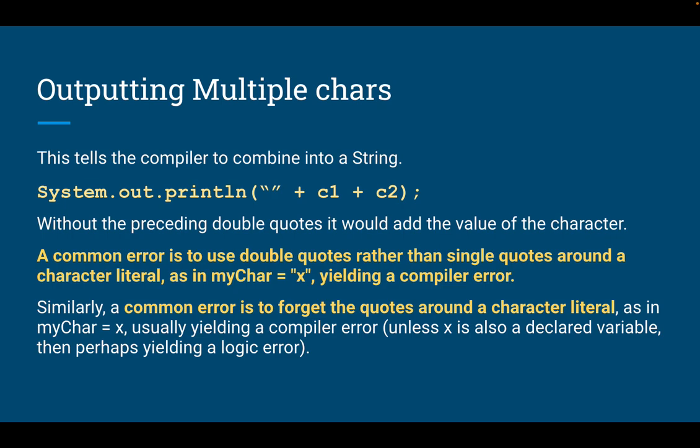So the way you get around that is with parentheses just around those characters. So it forces that addition first and then it will print. Okay? You guys understand? Some of you're like, I don't know, Mr. Rogers. All right, we'll do an example here in a little bit with that.